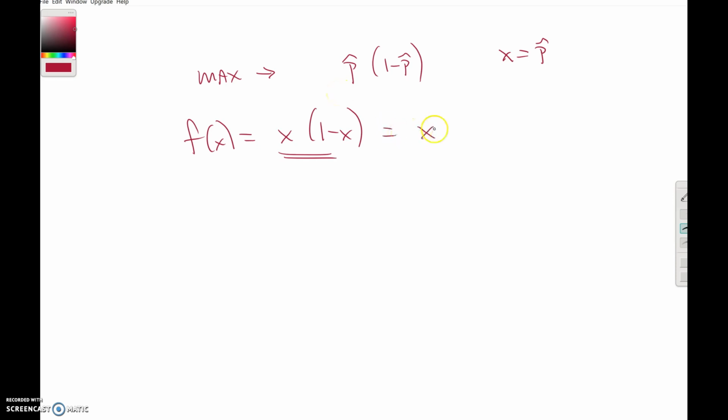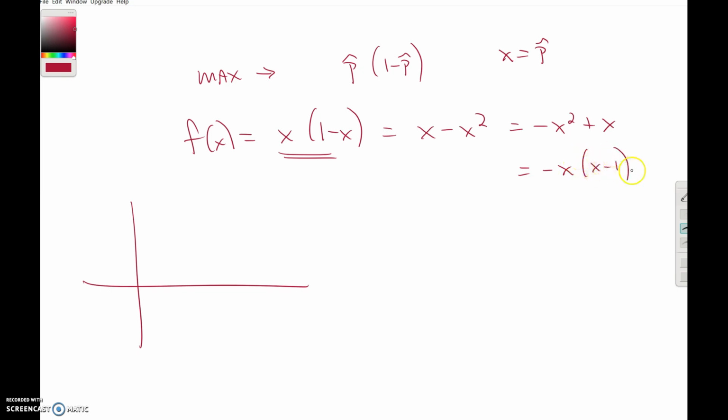If you expand this out, this is simply a parabola that opens down because it's negative x squared plus x, right? If I factor it, take a negative x out, it leaves me with x minus 1. So it has x-intercepts of 0 and 1, and it opens down. To be honest, that's really all you should need in order to maximize this.